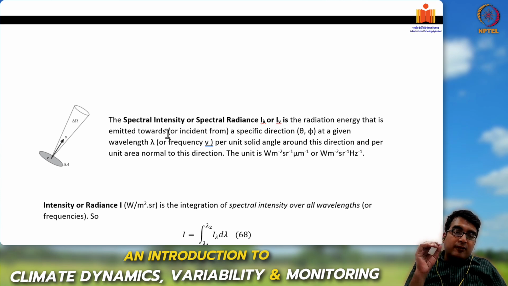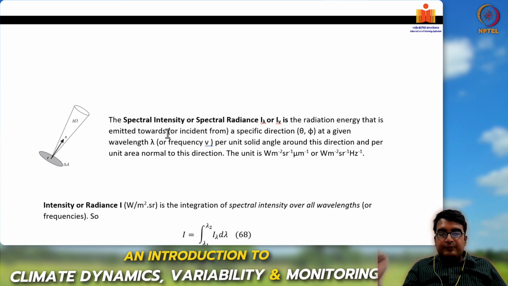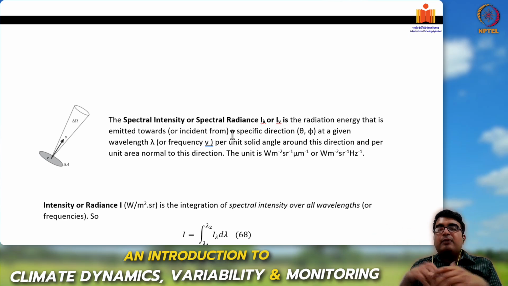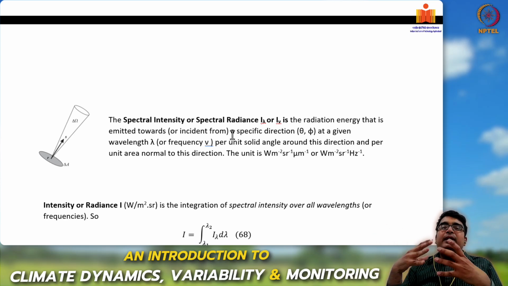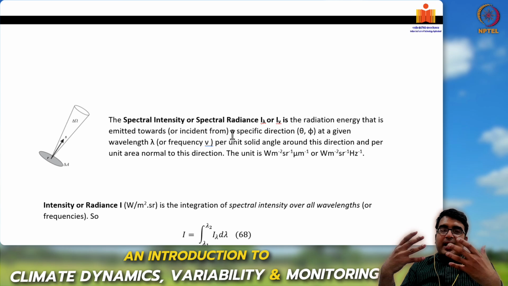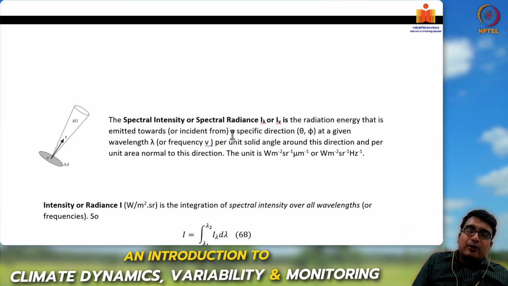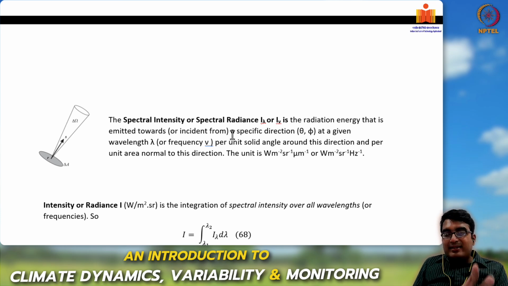The first type of radiation flux is called spectral intensity or spectral radiance. It is defined either as I lambda or I nu, depending on whether we are looking at it for a given wavelength or a given frequency. The word spectral means the flux is dependent on the wavelength or frequency of the radiation.